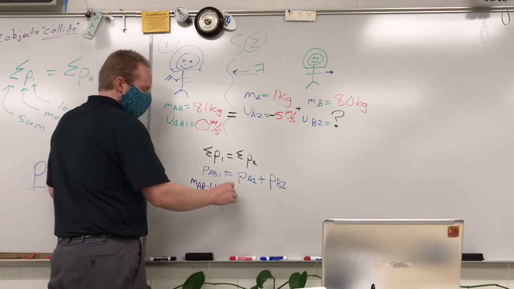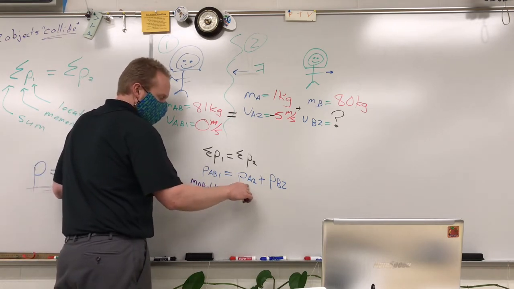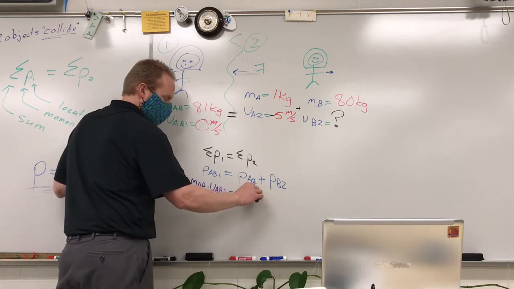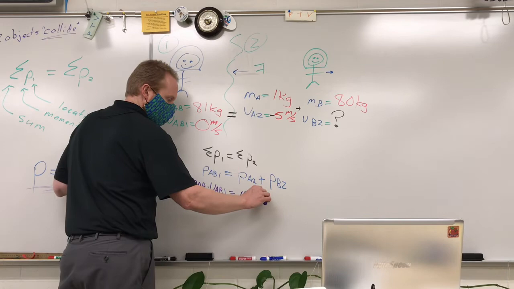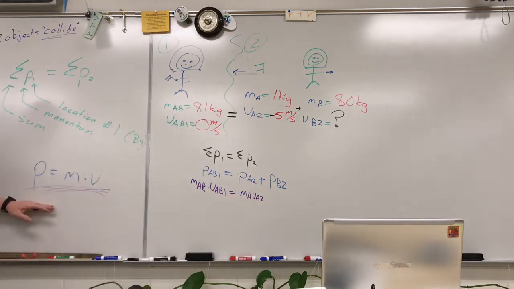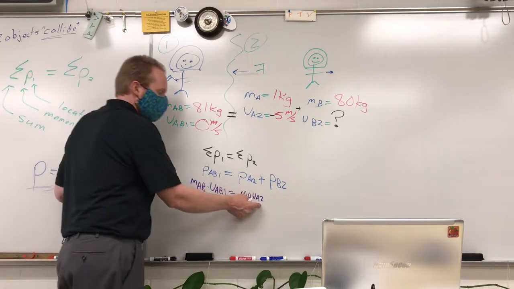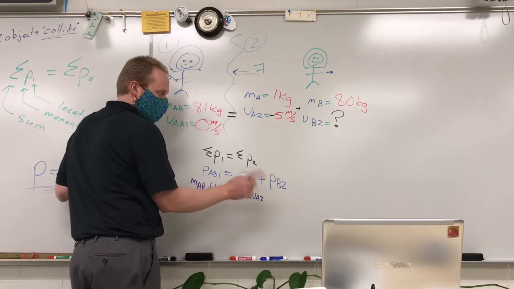And that's equal to the momentum of object A after, the mass of A times the velocity of A after. Momentum is mass times velocity, so if I want the momentum after, I have to make sure I use the velocity of object A at location 2.